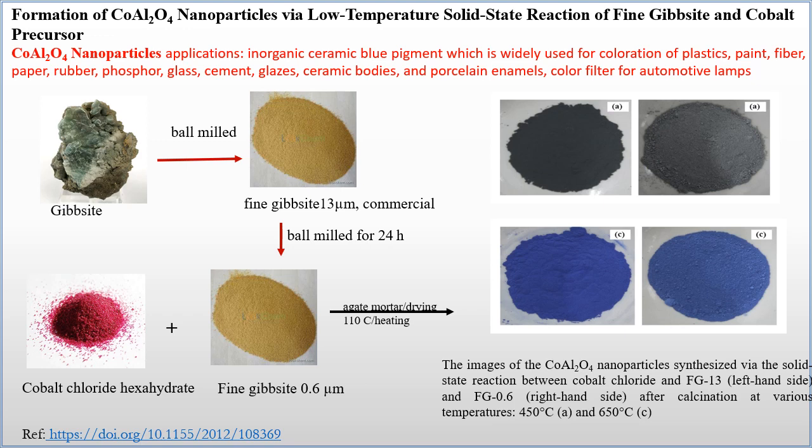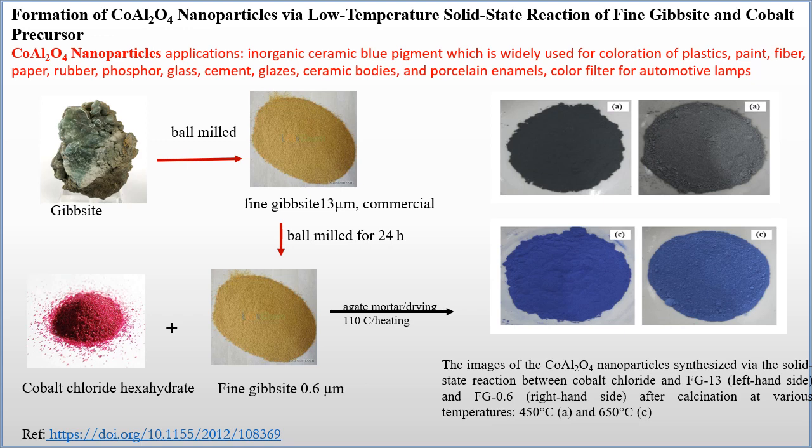These are nanoparticles, and their applications are in inorganic ceramic blue pigment, which is used for coloration of plastic, paint, fiber, rubber industry, and ceramic bodies and porcelain and enamel.